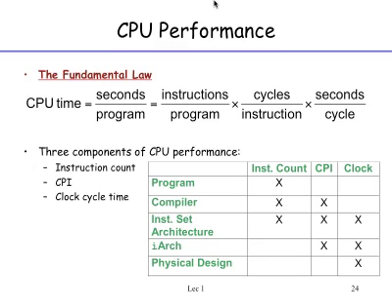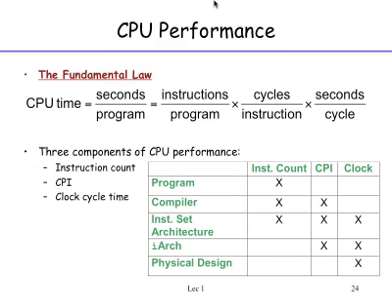The second term is the cycles per instruction. Depending on the clock frequency of the processor, you have different CPU cycles, longer or shorter. Here, the CPI refers to the cycles per instruction. Because of the pipeline, not every instruction has the same number of cycles, so the CPI here refers to the average CPI.